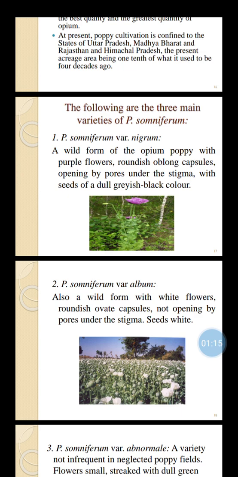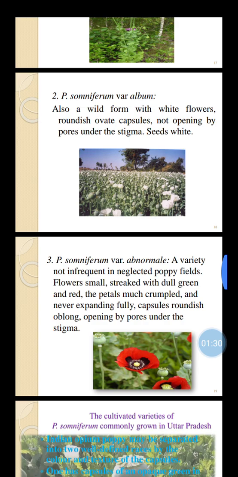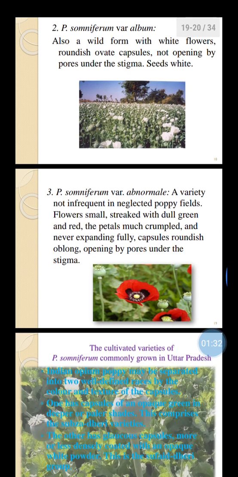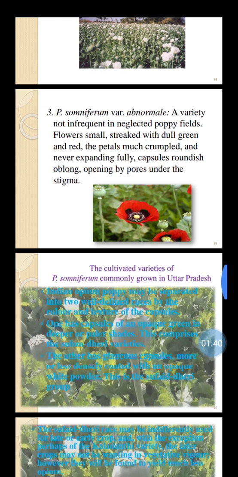Var nigrum is an opium poppy with a purple flower and a roundish oblate capsule. Var album has white flowers and a roundish oval capsule. Var abnormale is a variety with red or dull red color, and the petals are crumpled.